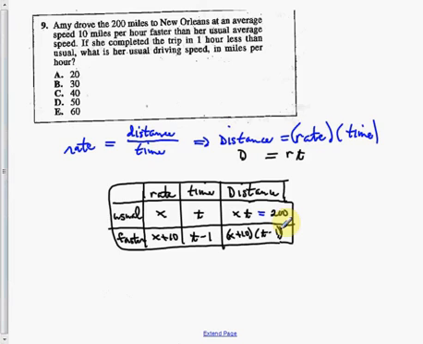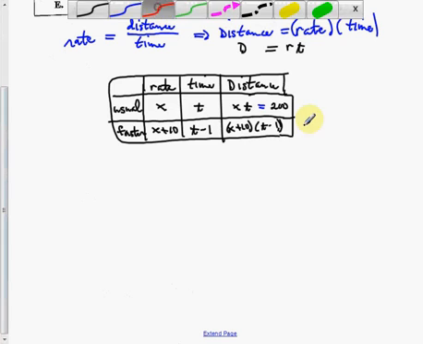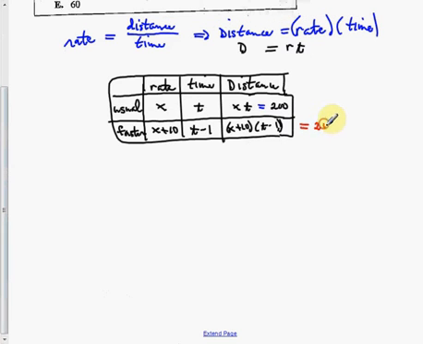So her distance traveling to New Orleans, it doesn't matter if in one case she's going faster than the other, that total distance is still 200 miles. So the two distances are equal. This is the same over here as well, that's also equal to 200.